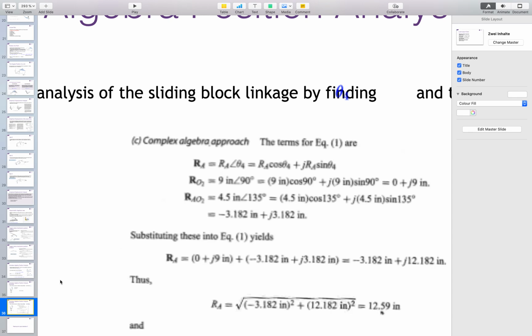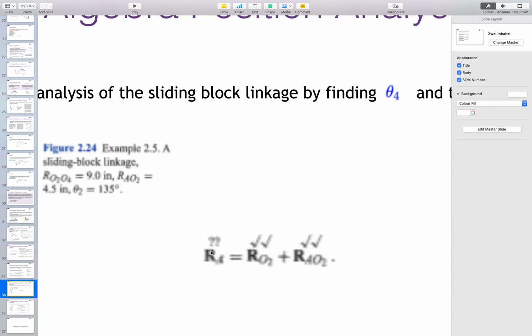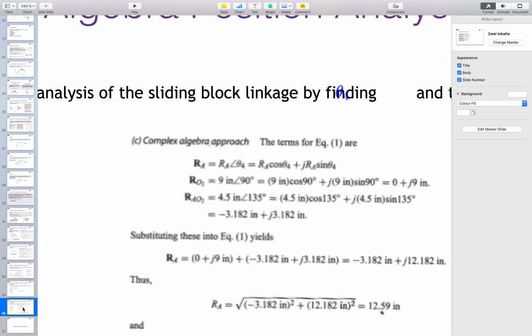Now I want to apply this to get to the final result, which is basically my target. Simply we just apply this formula.